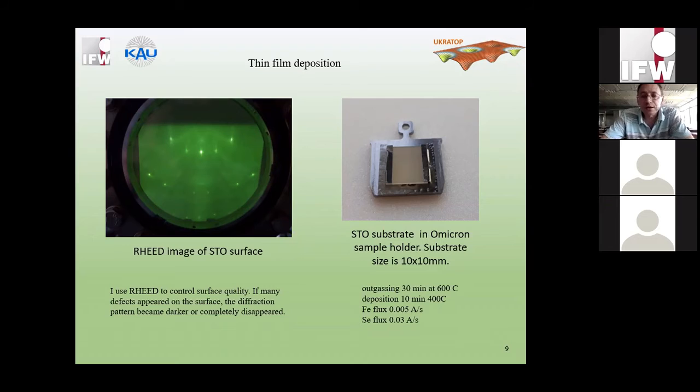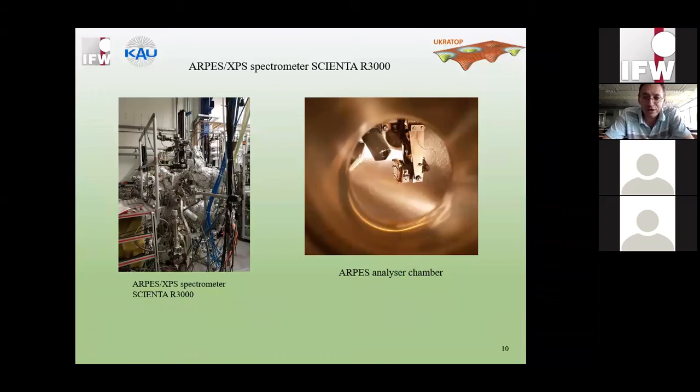Interesting. Okay. And how have you transferred the sample to the chamber? How do you clean the surface? I use a manipulator. You can see this valve.